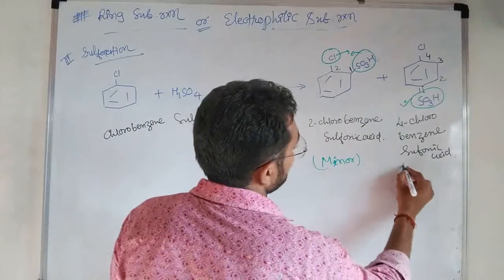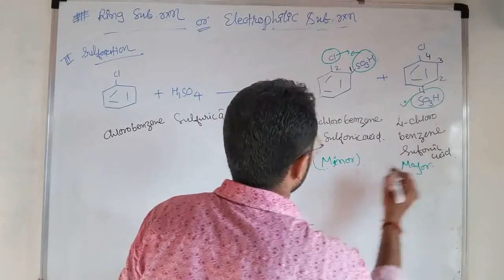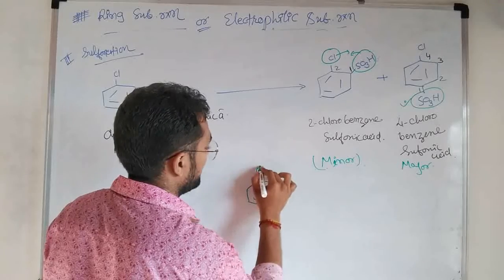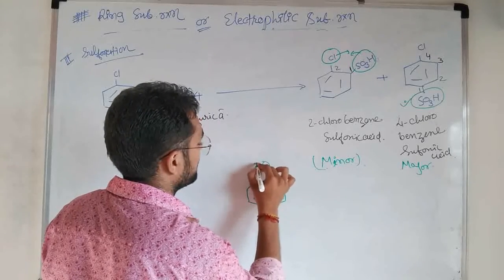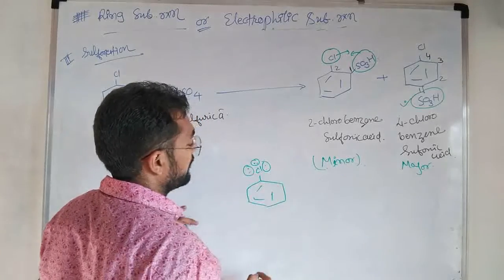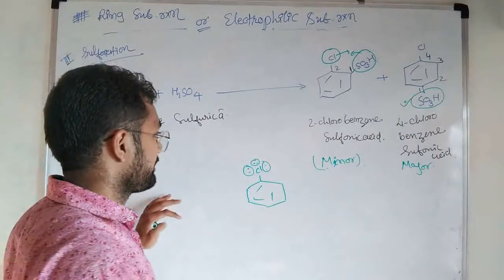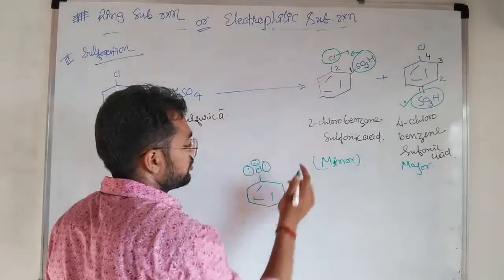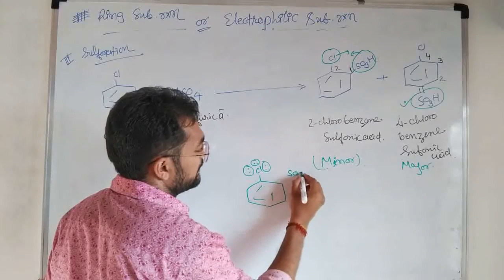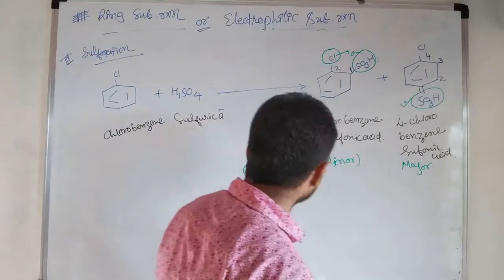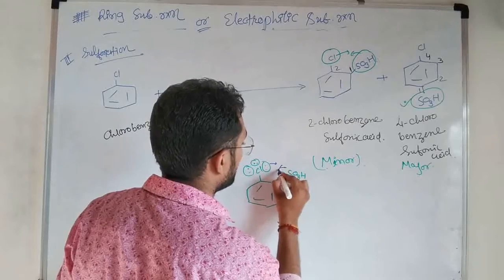Why is this the major? Just see the concept. We have already discussed this concept. Chlorine has three lone pairs. The upcoming group is large in size, so there are repulsive forces between the lone pairs and the upcoming group.